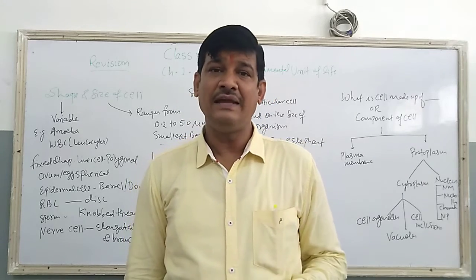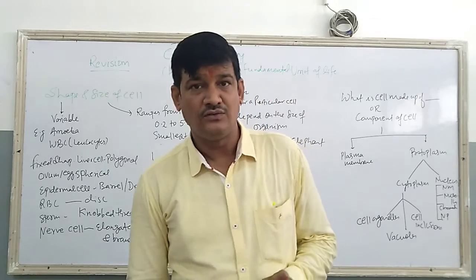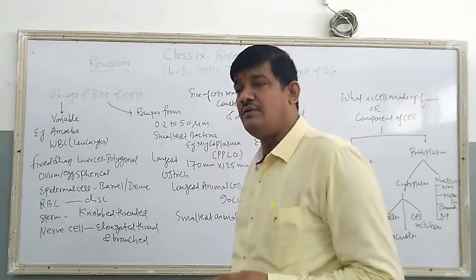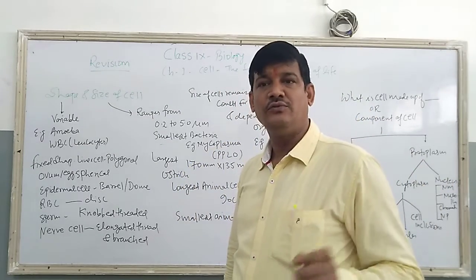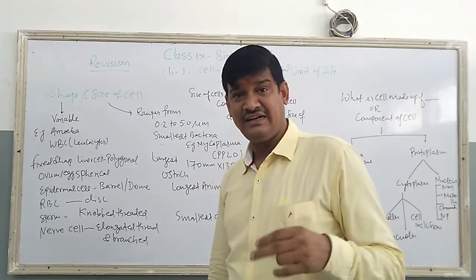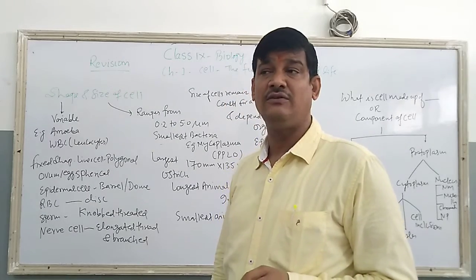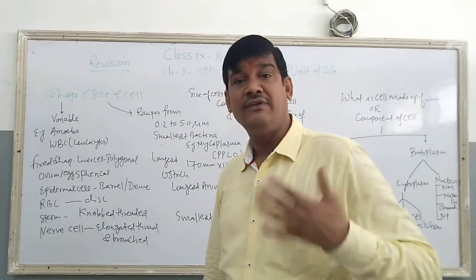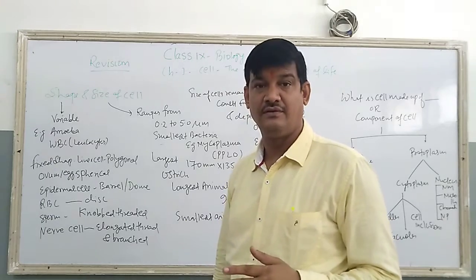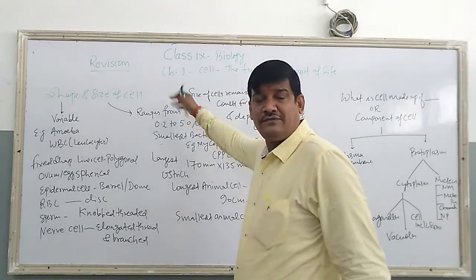The light microscope and compound microscope are normally used in the laboratory. There is another category of microscope, called the electron microscope. Here a beam of electrons is used to form the image.